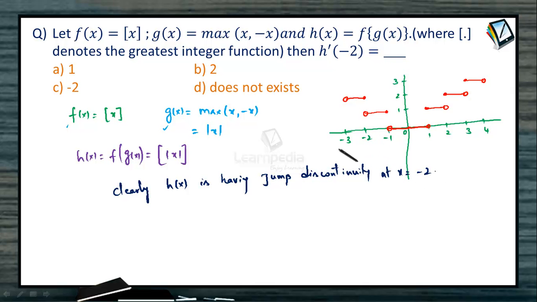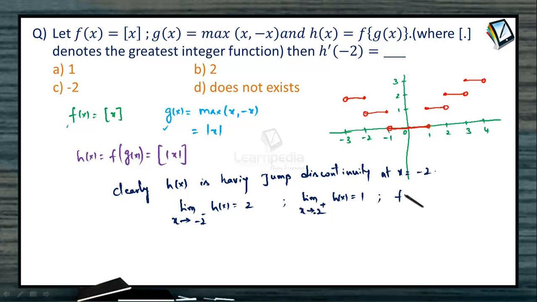Clearly if you look at the limit as x tends to minus 2 from the left, that is on the left side of minus 2, how will be the function's limiting value? Yes, it would be 2. Now at minus 2, how will be the right hand limit? Limit as x tends to minus 2 plus, that is on the right side of minus 2, the functional value h of x would be 1.